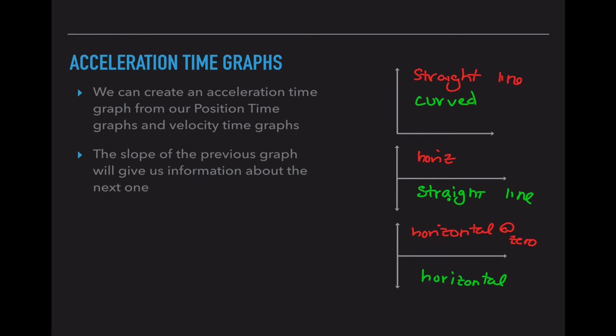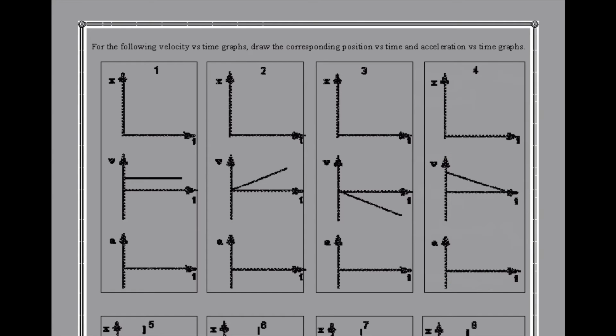Now I'm going to do a couple examples on the next slide as a quick introduction. We are going to talk about this a lot more in depth in class because this tends to be one of the hardest concepts in this class. So here, I'm actually starting with my velocity time graphs. Okay? This velocity time graph is a horizontal line. The slope of this line has a value of 0, so I'm going to draw my acceleration time graph on the 0.